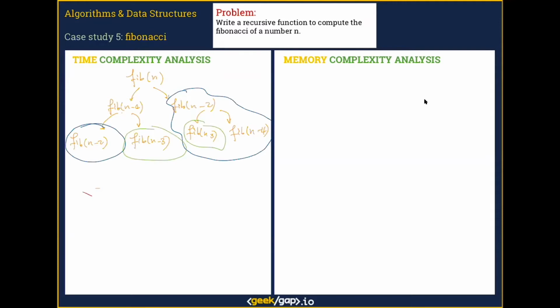If you unroll the tree even further, you're going to get even more repetitions. For this one, it's going to be fib of n minus 4 and fib of n minus 5, and we get yet another repetition here and here, and so on. So something is definitely happening: we are repeating the same problem over and over.